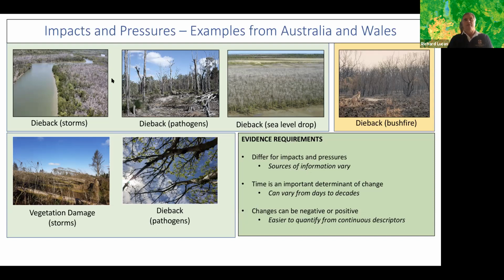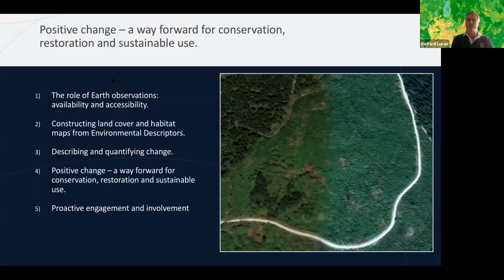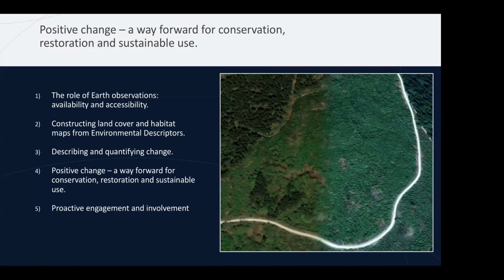So yeah, I'll stop again there. If there are any questions on that. So the idea is basically our mapping is based on environmental descriptors, and our change is based on evidence, on comparing those descriptors. I cannot see any more questions, but perhaps somebody would like to speak.